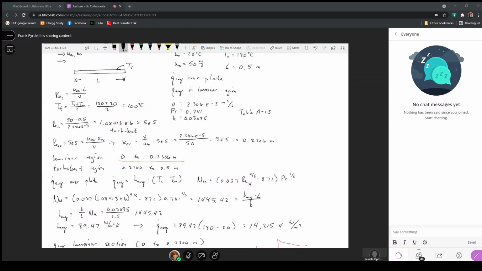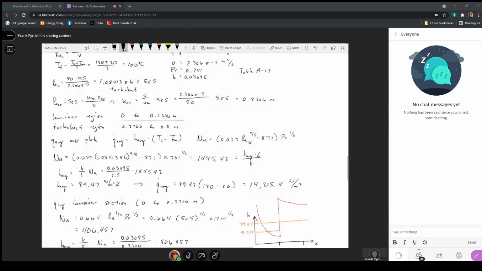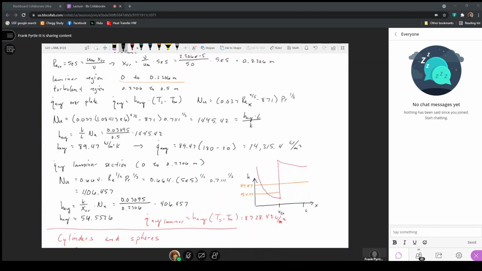And so we even went along and considered the average heat flux in just the laminar region, where we just considered that the laminar region ends at the point where we have the transition from laminar to turbulent. And so we can use that position of 23.06 centimeters, and calculate based on the Nusselt number correlation for the average heat transfer coefficient over a laminar region.